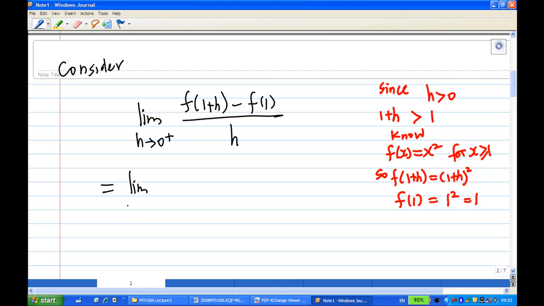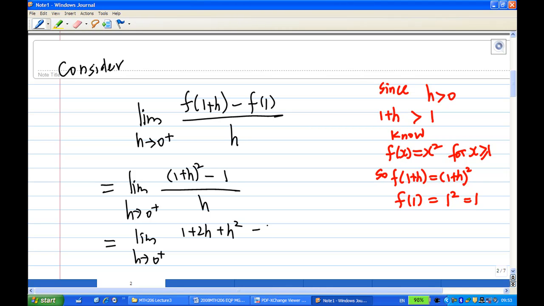This is equal to the limit as h goes to 0 plus of f of 1 plus h, which is 1 plus h squared, minus f of 1, which is 1, over h. Now to find the limit, let me expand this out first. This is 1 plus 2h plus h squared minus 1 over h.